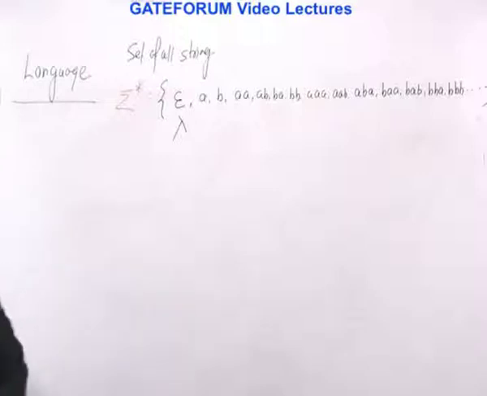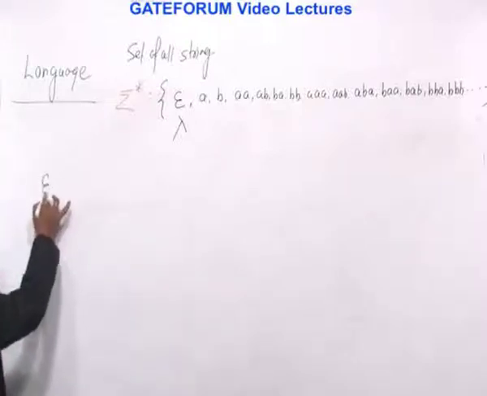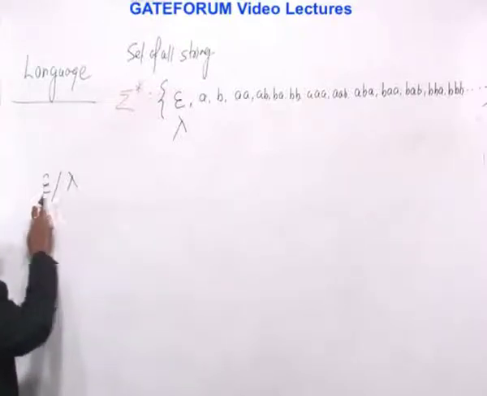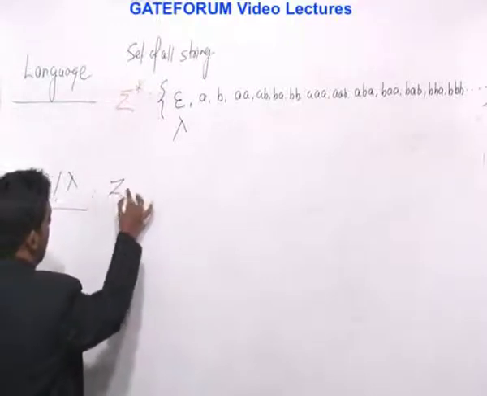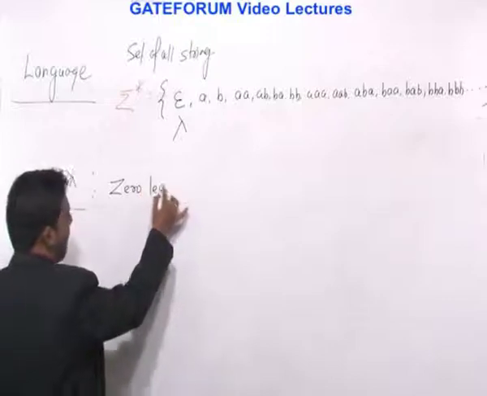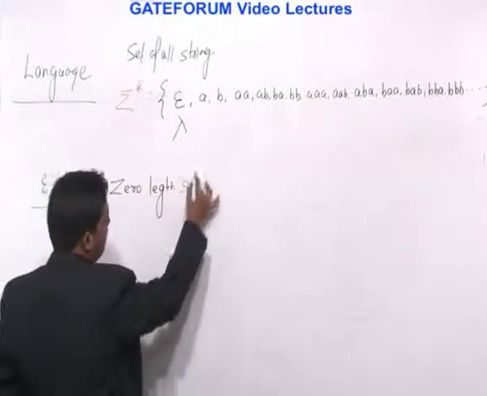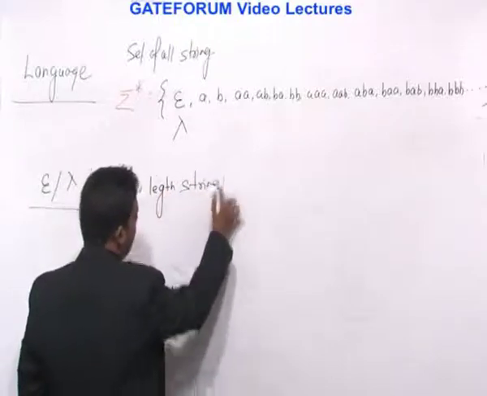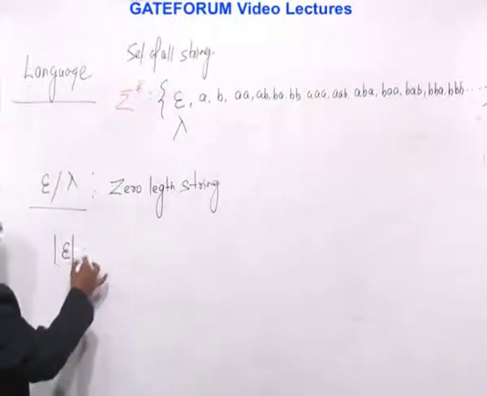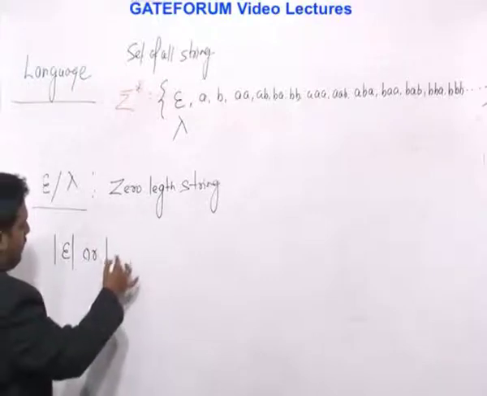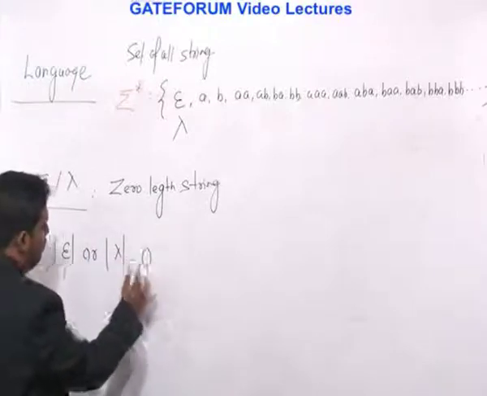Now, what is epsilon? Epsilon or lambda, I will use epsilon. Lambda is also common. Epsilon is a zero length string, and the length of epsilon or lambda is equal to 0.